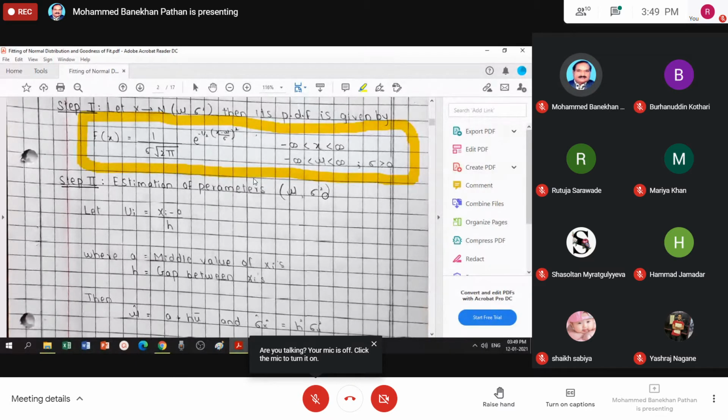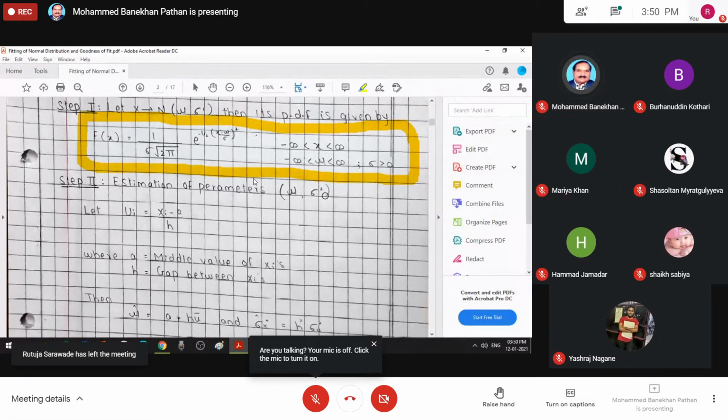I told you before also, in the case of fitting of the negative binomial distribution, the meaning of fitting is to estimate, to predict, simply to say, find unknown constants in the given function.